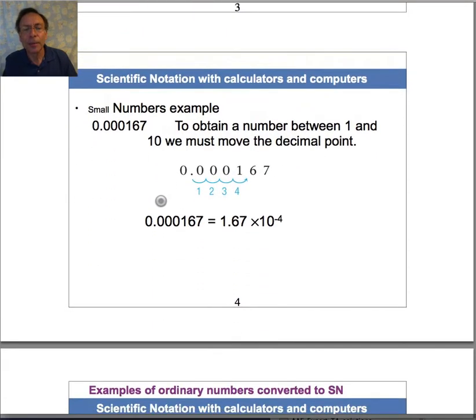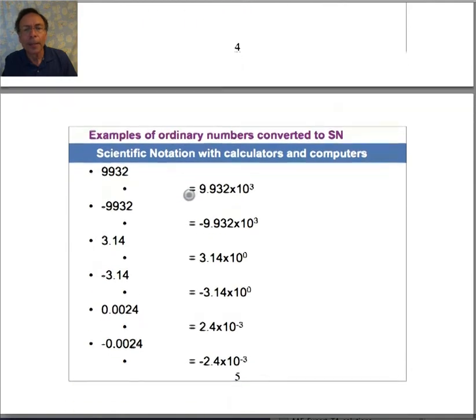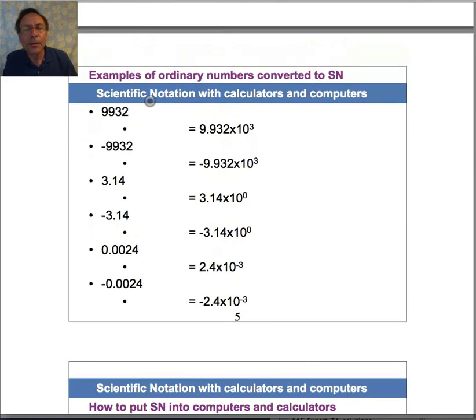Here's an example for turning a small number into scientific notation. Here are some examples with maybe a little bit of trickiness thrown in. Sometimes people wonder, well, what do I do about negative signs? So that's what these examples are about.